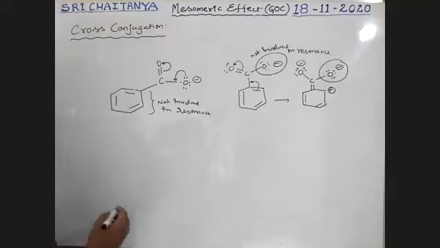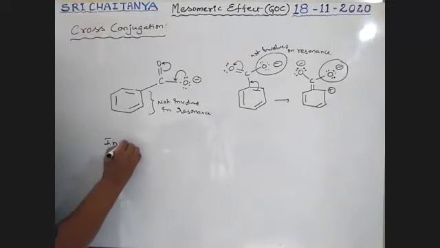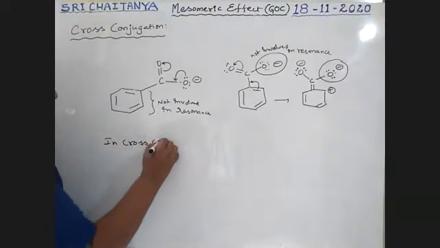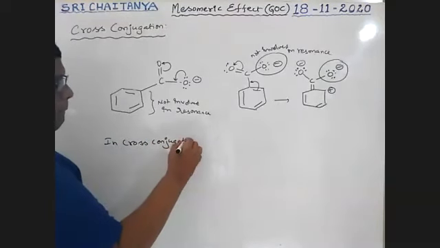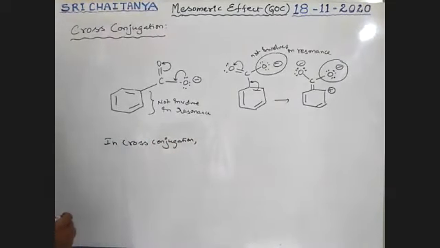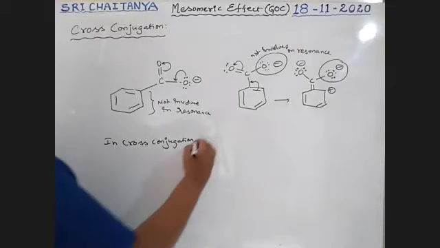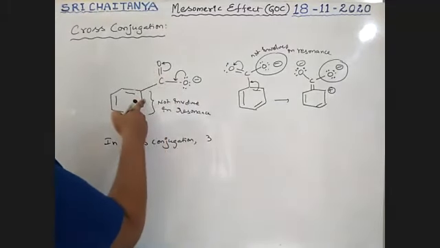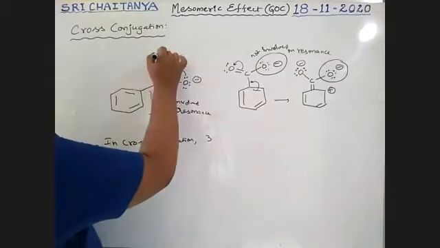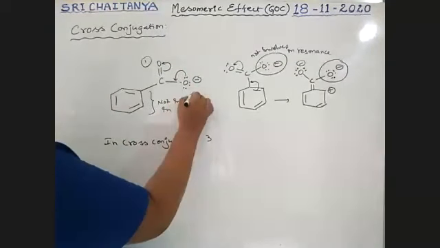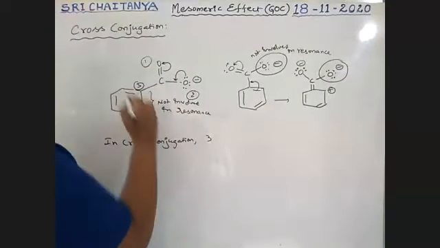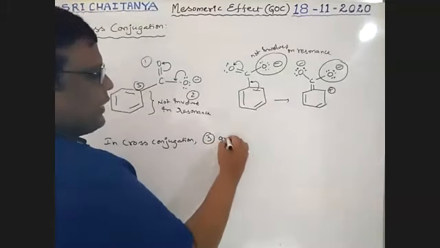In cross conjugation, three groups are present. See here. 1, 2, 3. This is one group, it is a second group, it is a third group. Three groups are present.